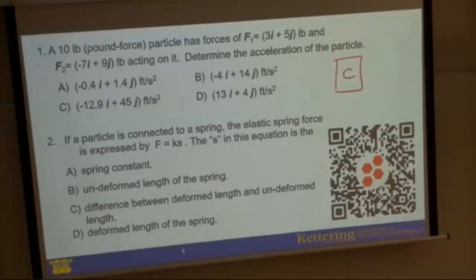S in this equation is the difference between the deformed and undeformed lengths. Not the initial one, not the undeformed one, and not the deformed one. And also it's not the spring constant. Got it?